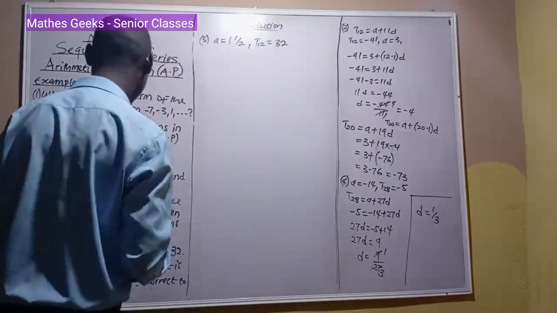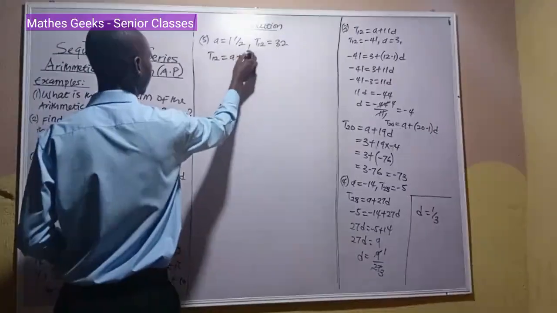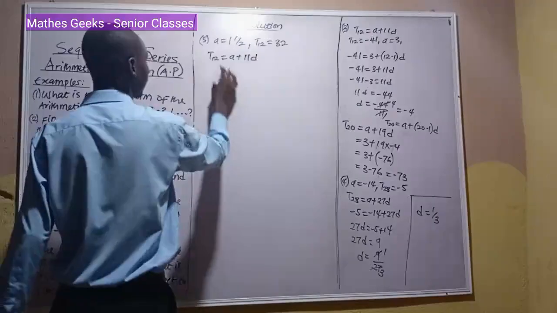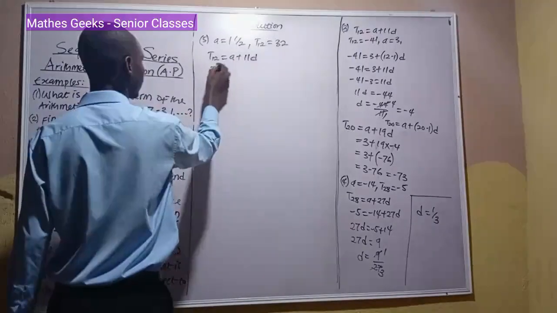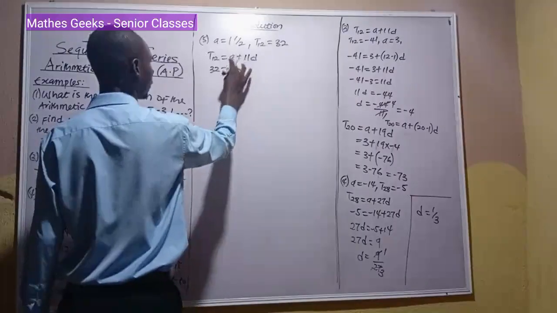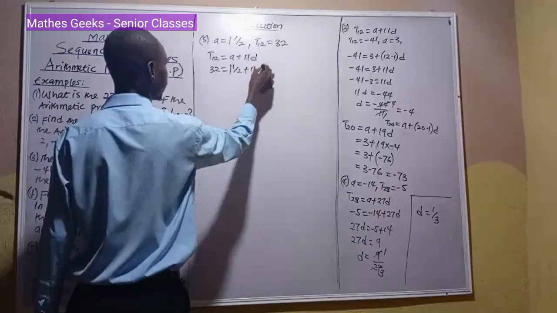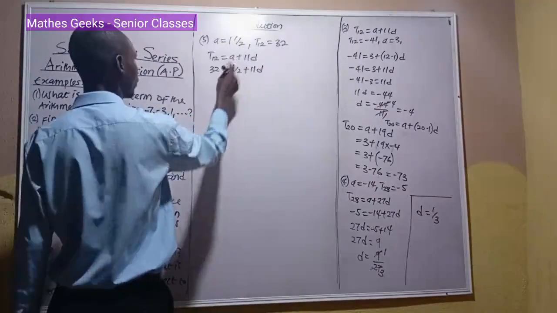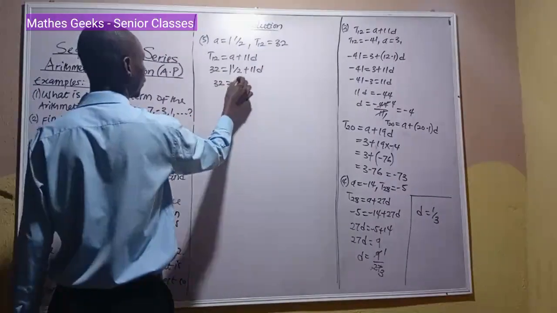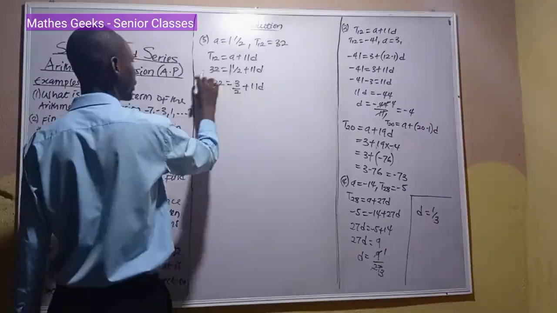We need to look for the common difference. T12 is equal to A plus 11D, and T12 is 32. So 32 is equal to 1 over 2 plus 11D.